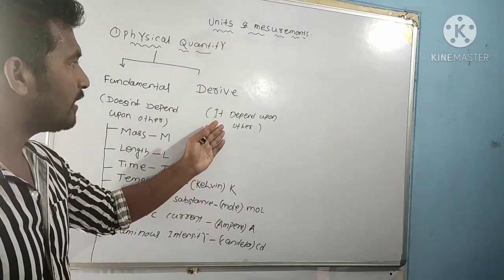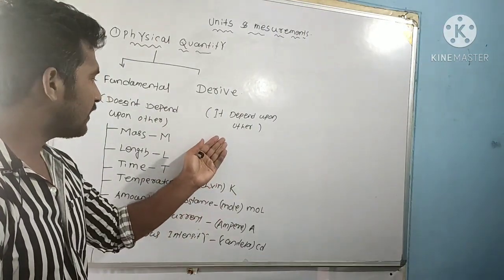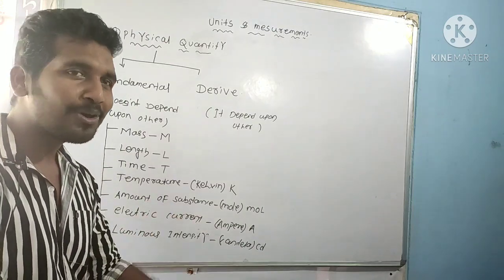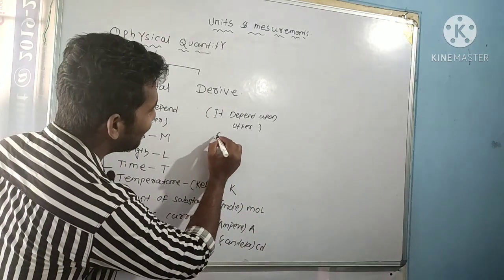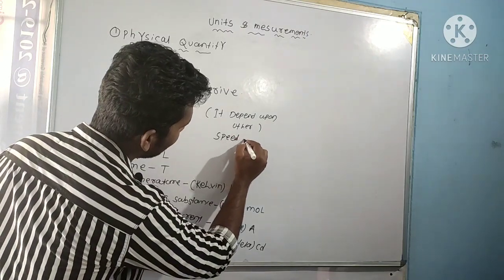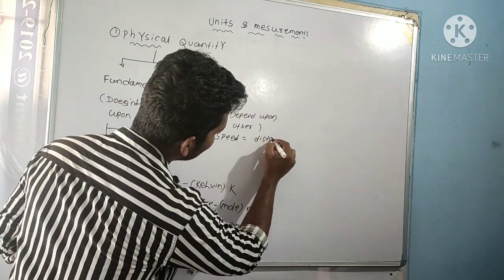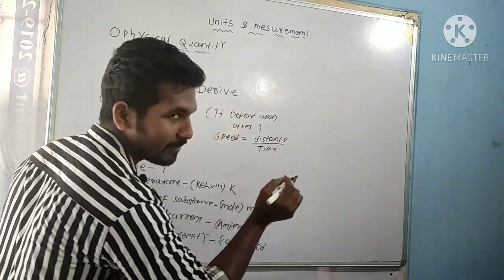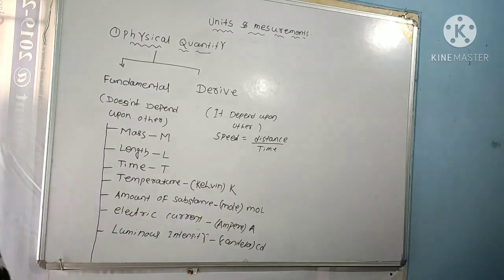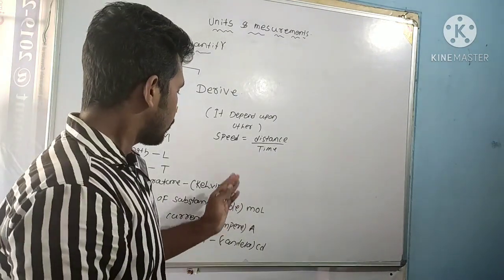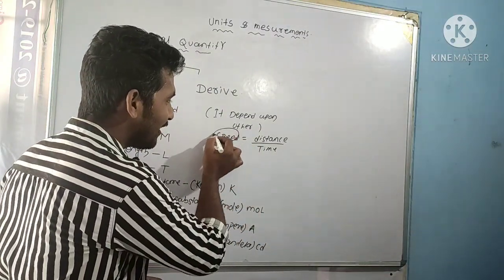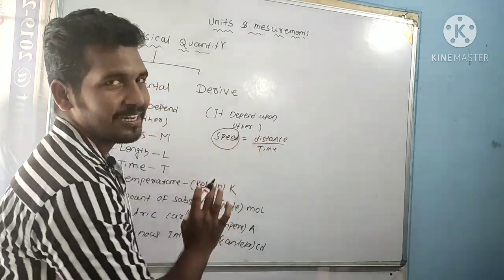Then what is a derived quantity? A derived quantity is a quantity which depends upon the fundamental ones. For example, speed is distance by time. Speed is a quantity which depends upon distance and time.